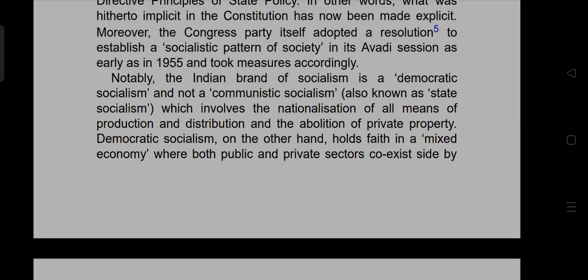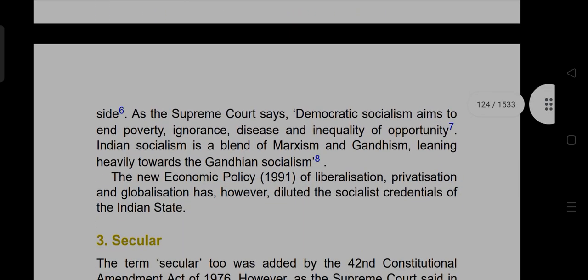Notably, the Indian brand of socialism is a democratic socialism and not a communistic socialism, also known as state socialism, which involves the nationalization of all means of production and distribution and the abolition of private property. Democratic socialism, on the other hand, holds faith in a mixed economy where both public and private sectors coexist side by side.